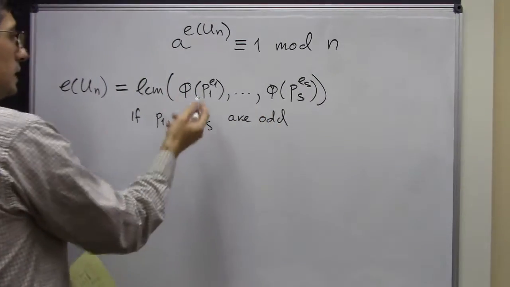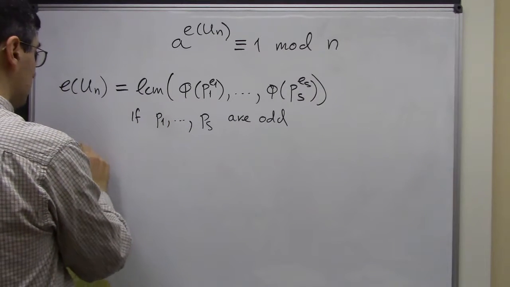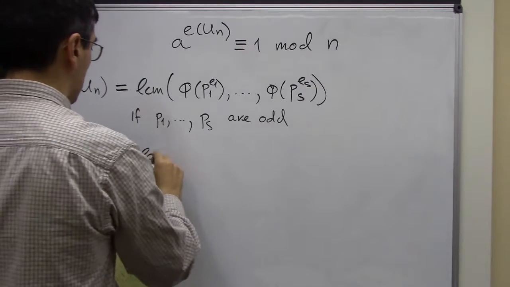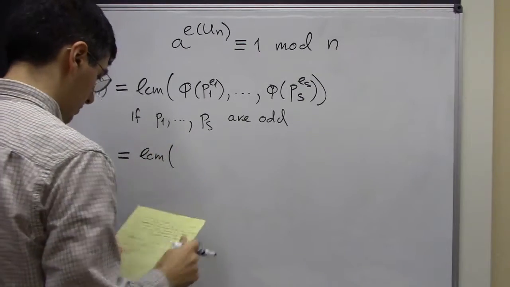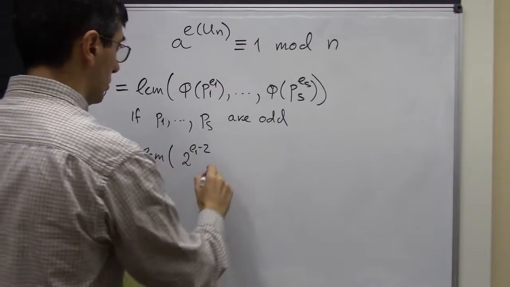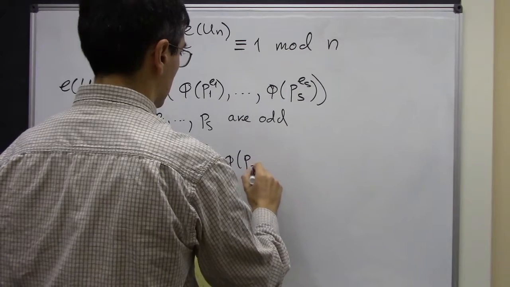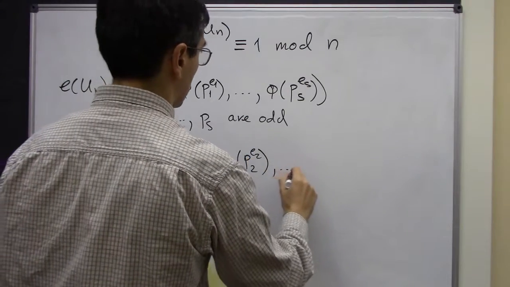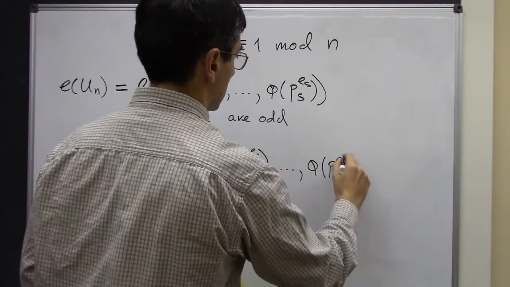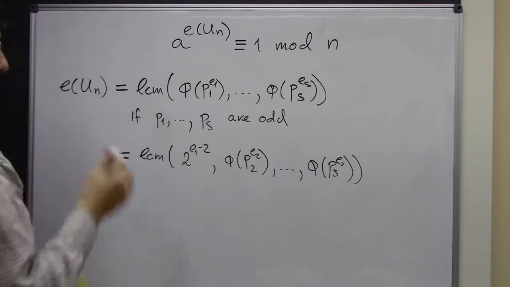And if, let's say, P1 is a power of 2, then this is equal to the LCM of 2^(E1-2), phi(P2^E2), through phi(PS^ES).